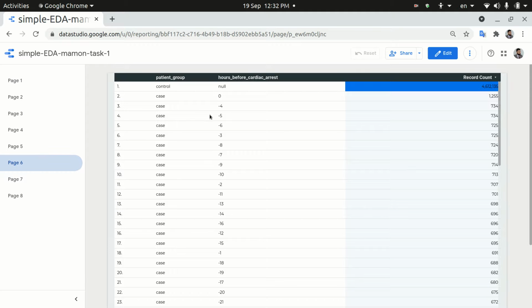Moving to how many hours between the cardiac arrest happening and the record count. This is the time difference, and it's negative because of the BigQuery time differences. The negative means the cardiac arrest has already happened and it's in the past.